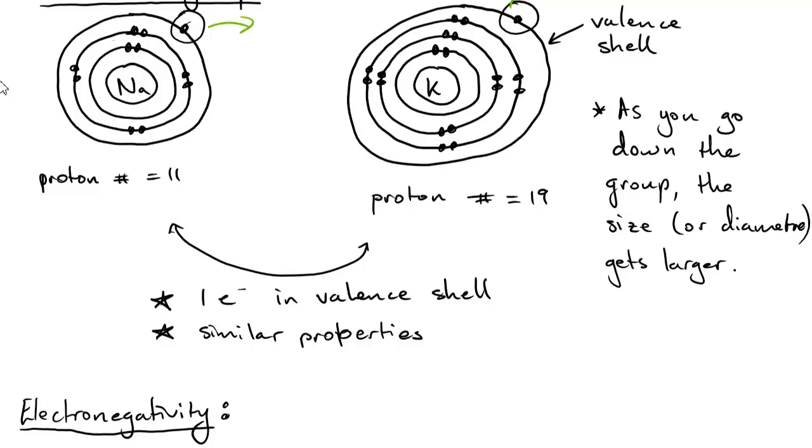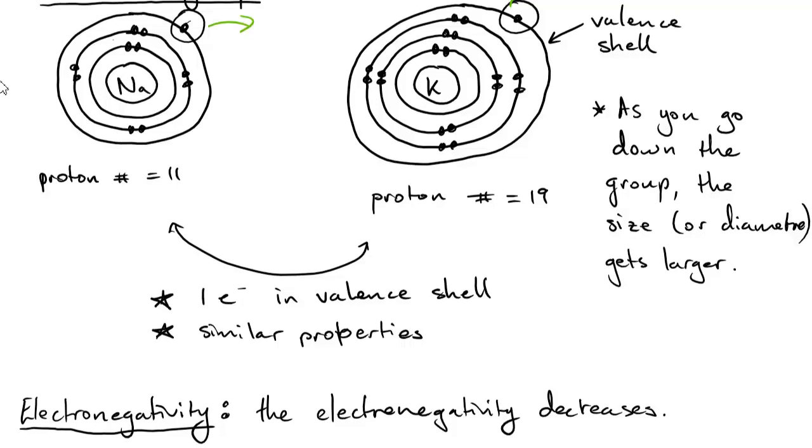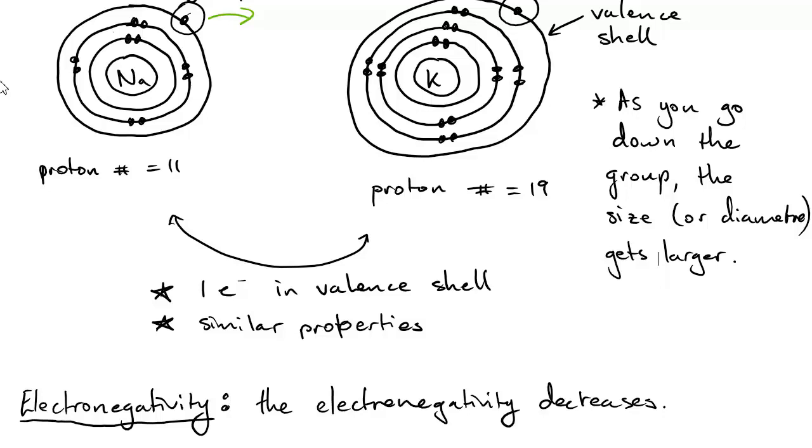So now, as you go down a group, the electronegativity actually decreases. One of the reasons why it decreases, now remember that electronegativity is how willing an atom is to gain electrons.